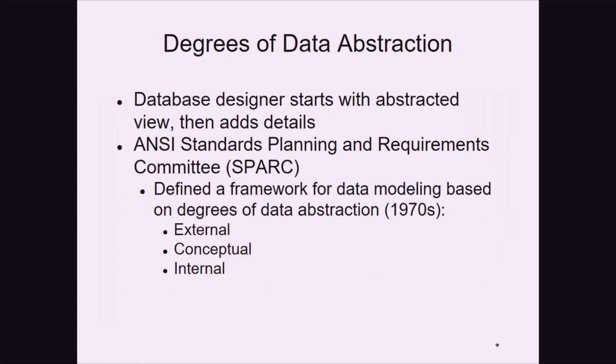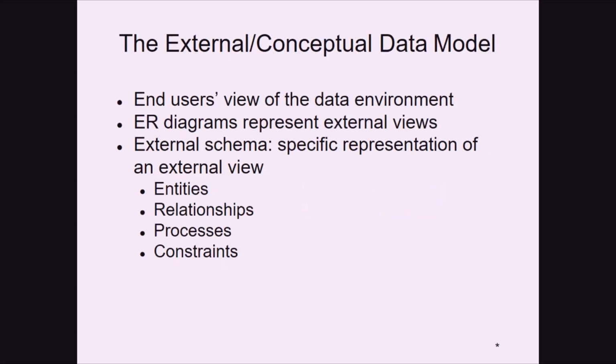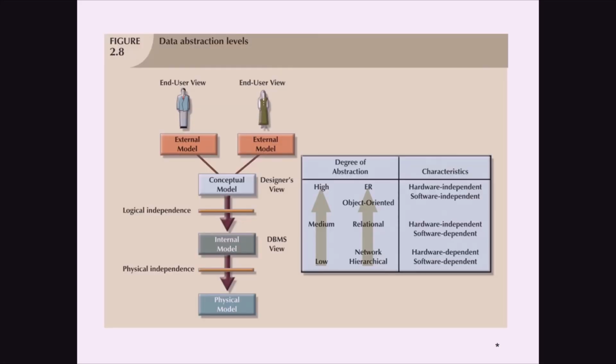Okay, so for degree of abstraction we have the external, conceptual, and internal. Actually, let's make it simple. Again, we have entities, relationships, processes, and constraints. In data modeling, there are abstractions where the end user is involved, the designer is involved, and then the programmer is involved.